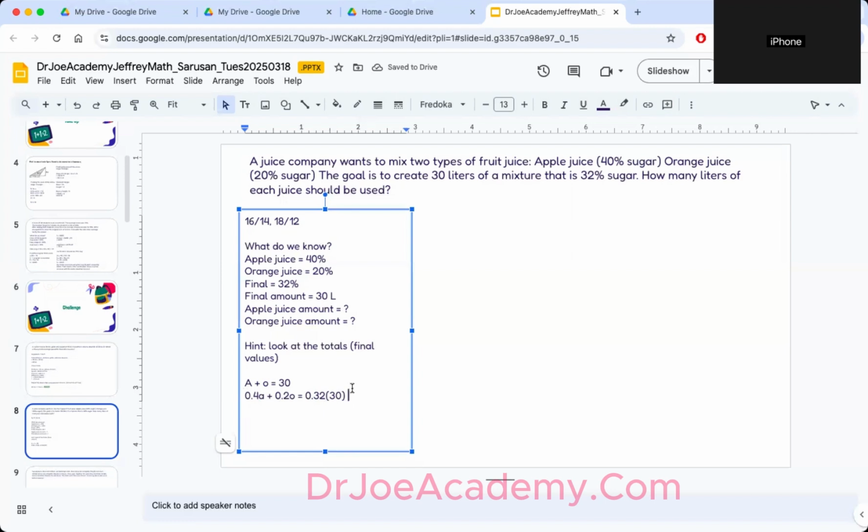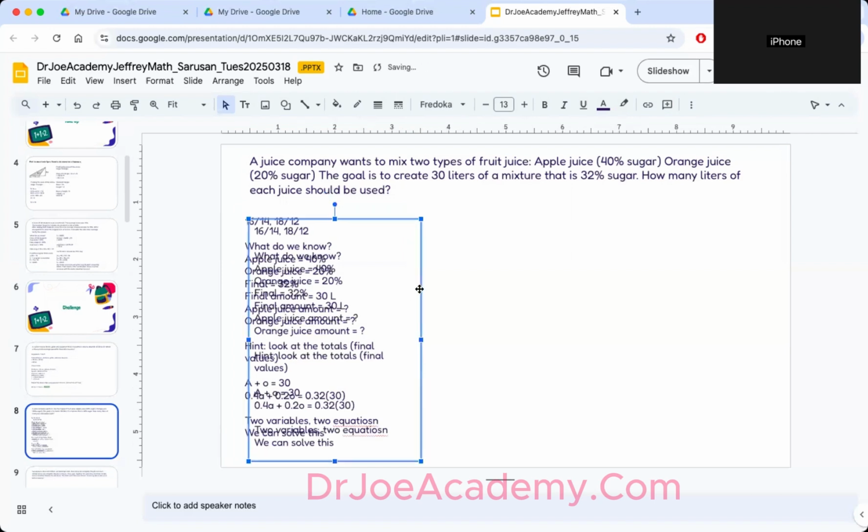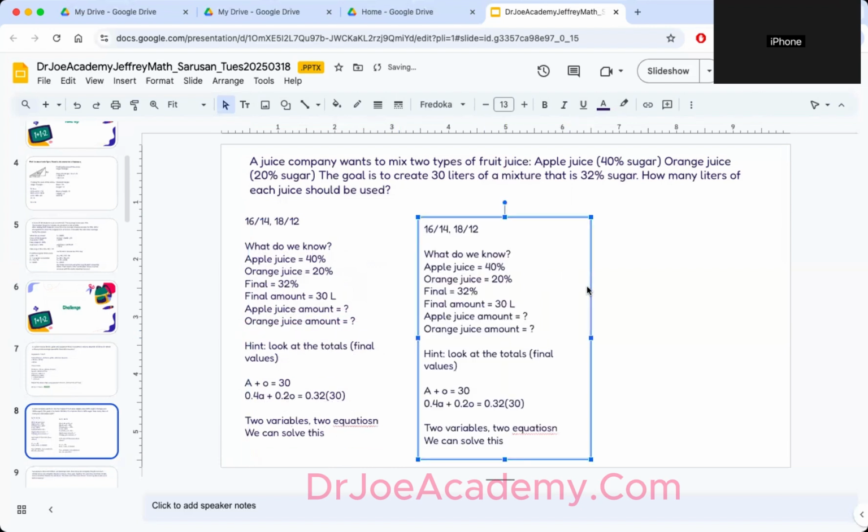So this is our second equation. So we have two variables, two equations. We can solve this. All right, so how would you solve this? Well, wouldn't we just have to solve the bottom one first?